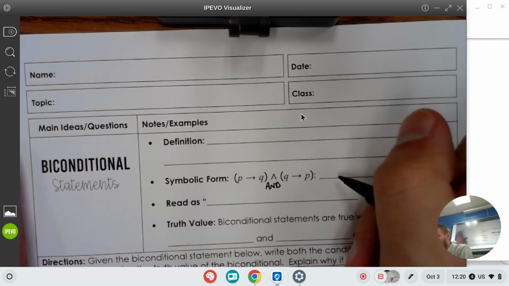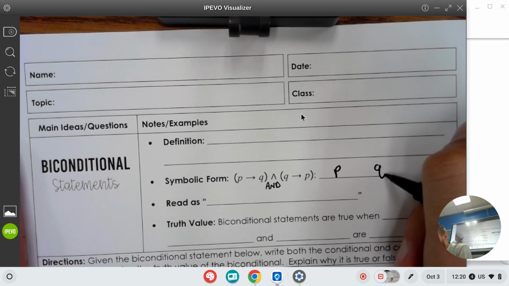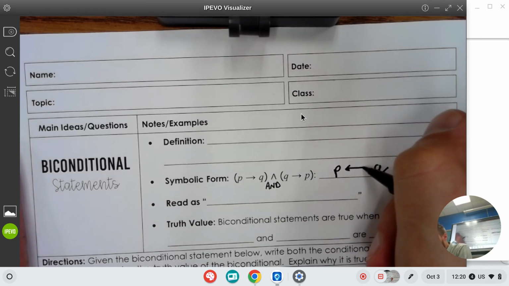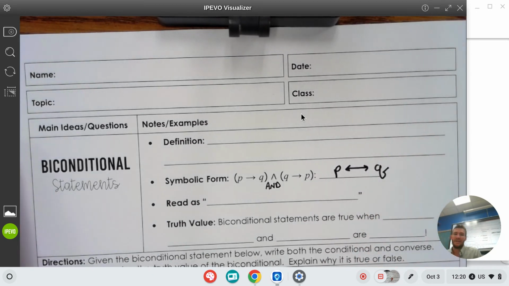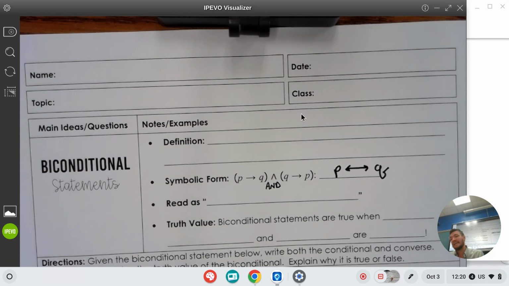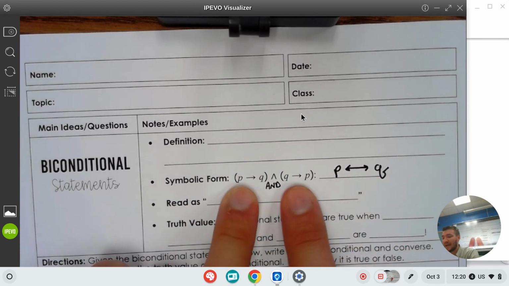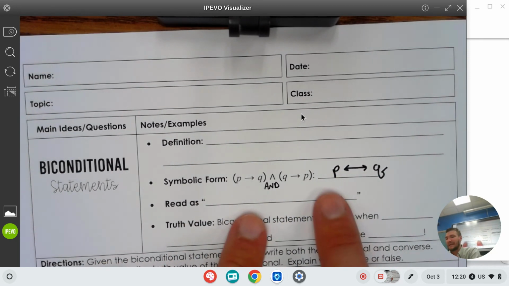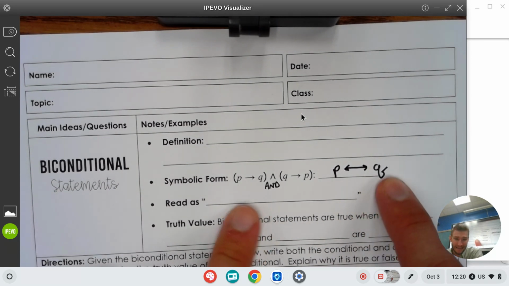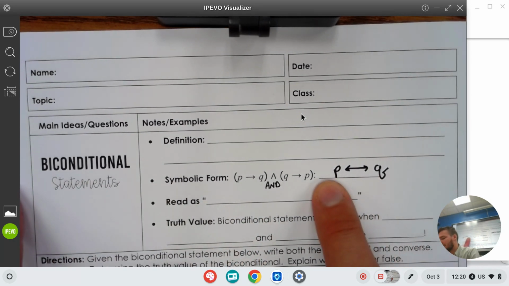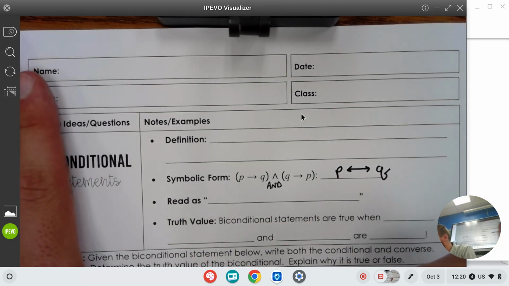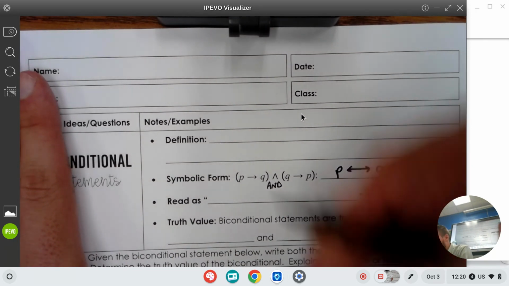So the easiest way to write it is with this arrow, okay? The double-sided, even if you want to use geometry, it kind of looks like a line, like a true two-directional line instead of a ray. This means that P implies Q and Q implies P. Now the definition is kind of crazy, okay?